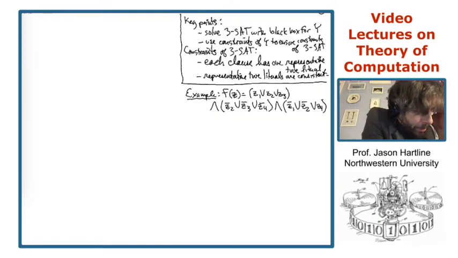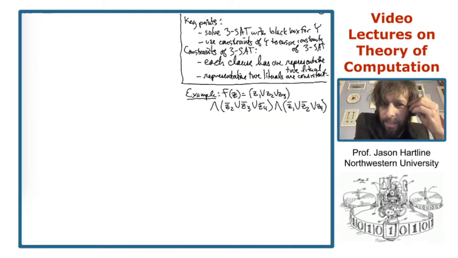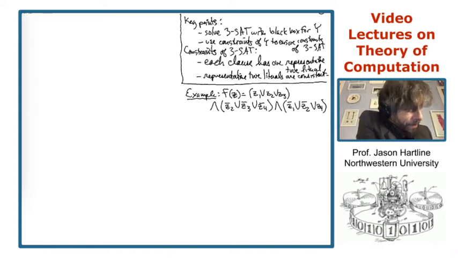Just to make sure that we don't forget our key points, I've written them down here on my notes. We're trying to solve 3-SAT with a black box for y, and we're going to use the constraints of y to ensure that the constraints of 3-SAT are satisfied. All right, let's dive in with our 3-part reduction. The first part is the forward instance construction.